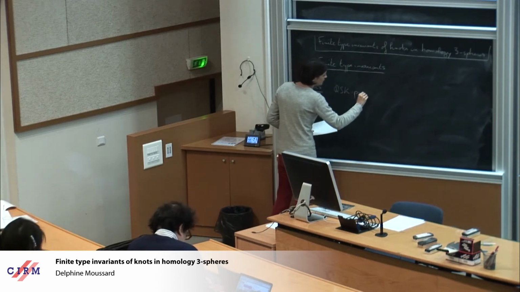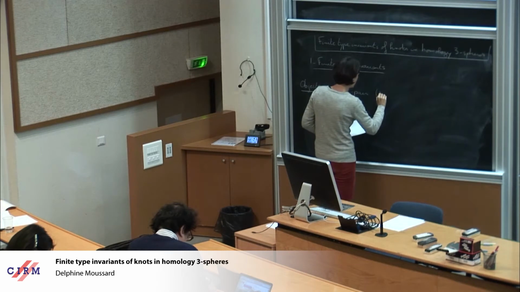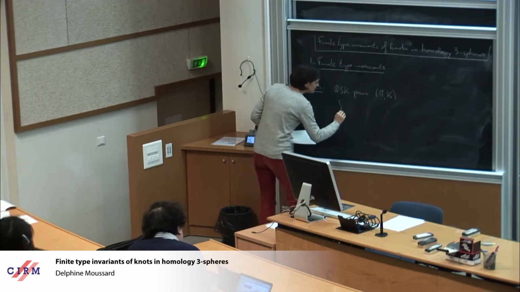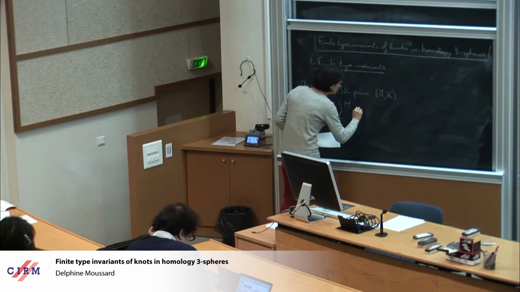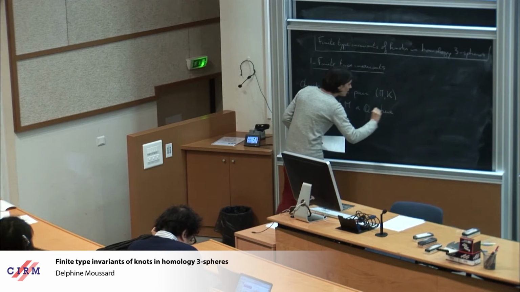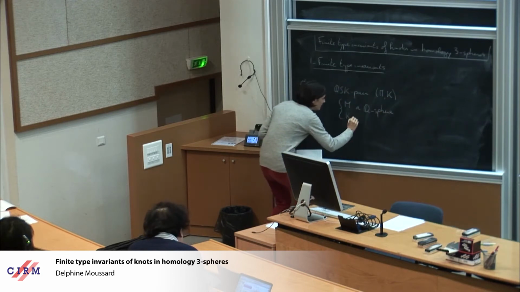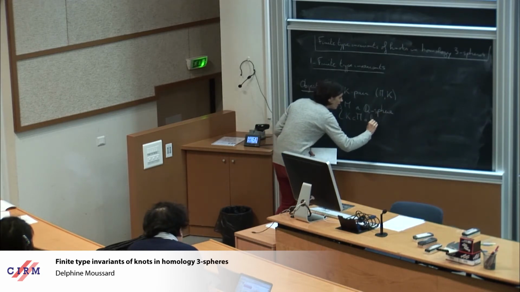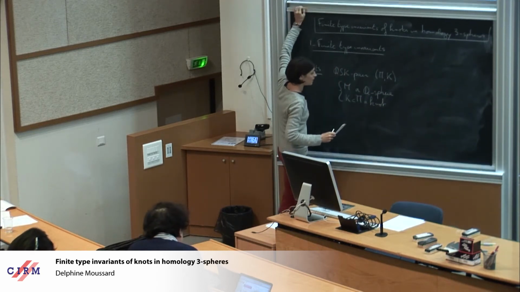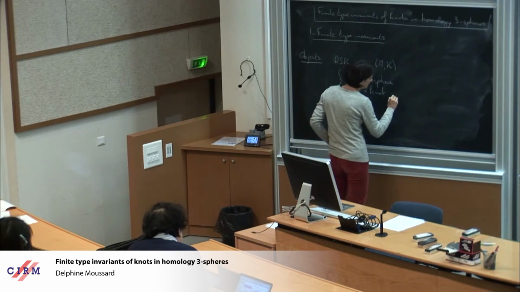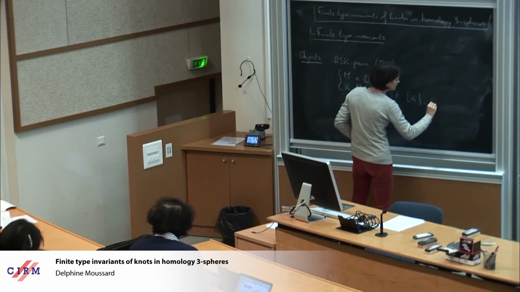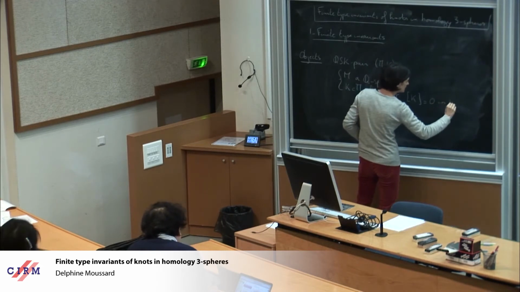What I call a QSK pair, (M, K), is a pair made of a rational homology 3-sphere M, or Q-sphere, and a knot K in M, which is null-homologous, meaning that its homology class in the first homology group of M is 0.